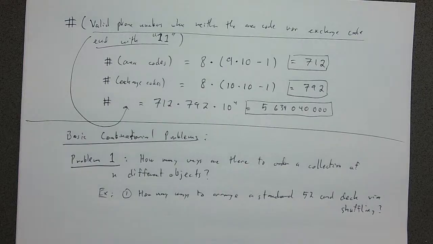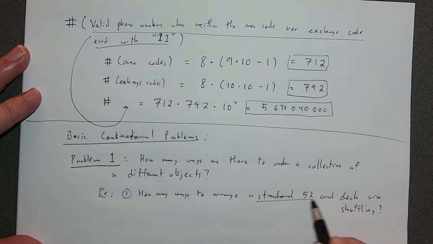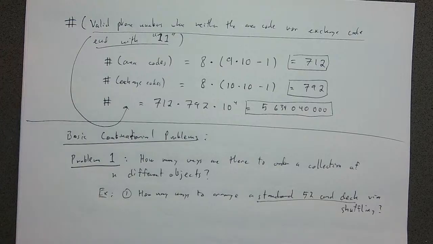Something I should mention as an aside, so any probability course you've already taken has already given you this warning. Unfortunately, a standard 52 card deck is a really good illustrative example for various combinatorial principles.